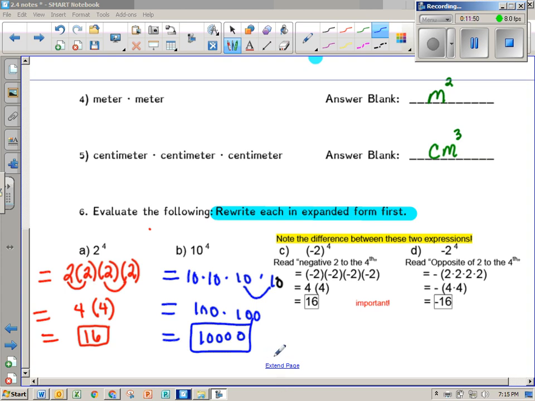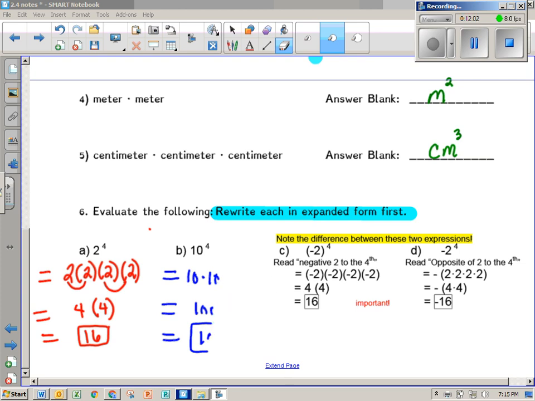Now, probably the most challenging ones on this page are these last two. And while they may not affect you quite as much right now, they certainly will in the realm of algebra, which you'll be moving into next year. The difference in these two is big.